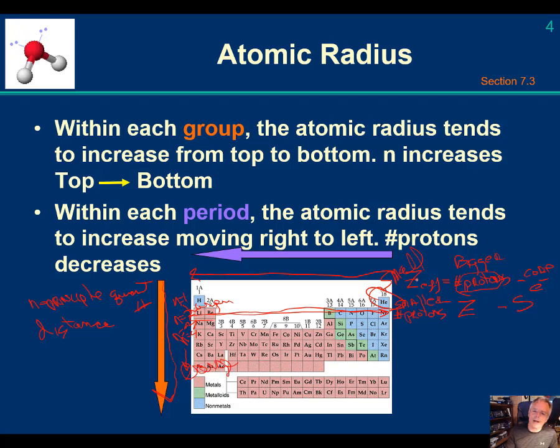And when I'm talking about small and large, I'm talking about size. So small, large, okay? And what we're talking about here is the radius. And as you go down, this gets bigger. As you go from left to right, this gets smaller. And that's because of the increasing number of protons in the nucleus.